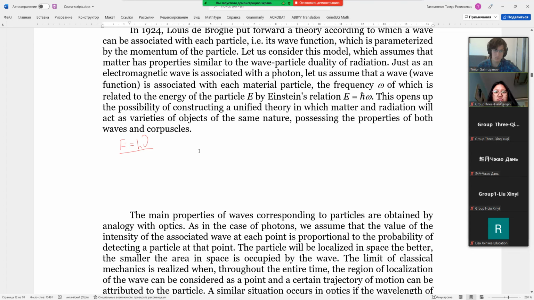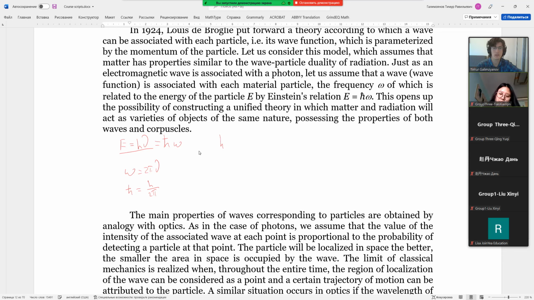And the idea of de Broglie was that not only light but any particle can be described as a wave, and the energy of this particle, where the frequency of this wave is nu, is described by this equation, or alternatively, it's the same equation, h bar omega, where omega is the so-called cyclic frequency. Omega equals 2 pi times the ordinary frequency, and h bar equals h divided by 2 pi.